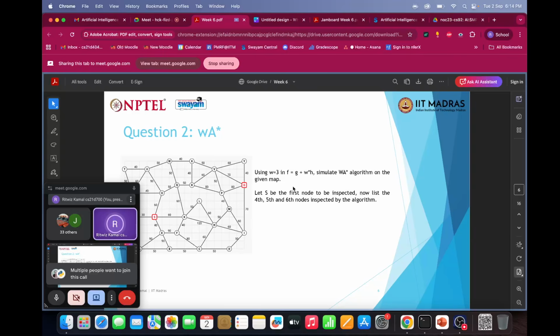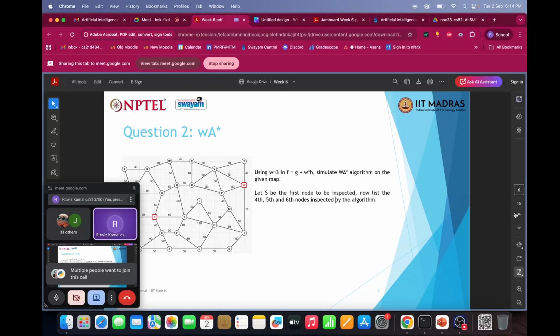Here we have to first attempt the weighted A star, and we are given that the weight W is 3 in this case. So instead of having F equals G plus H, we will have F equals G plus W into H, where W is 3. We have to report the 4th, 5th and 6th nodes that will be inspected or explored by the WA star algorithm.